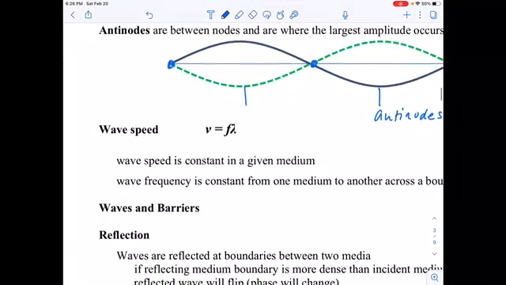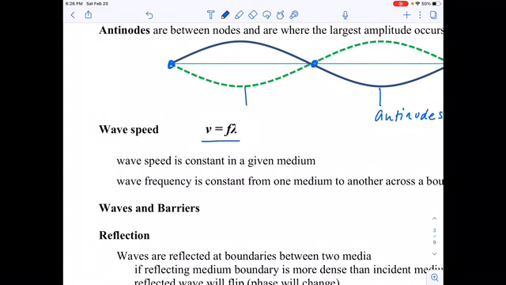Here's the formula for wave speed. Wave speed is equal to frequency times wavelength. If we break that down a little bit, wave speed is in meters per second, frequency is in cycles per second, and wavelength is meters per wave or meters per cycle. So you can see how the units work out to create meters per second equals meters per second because the cycles cancel.